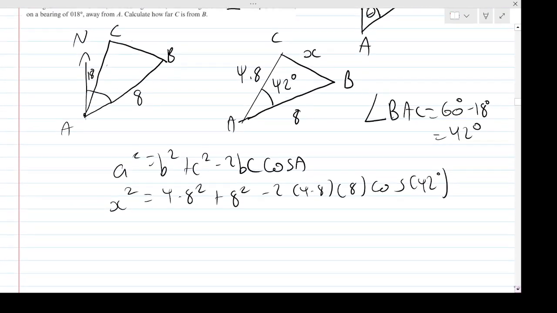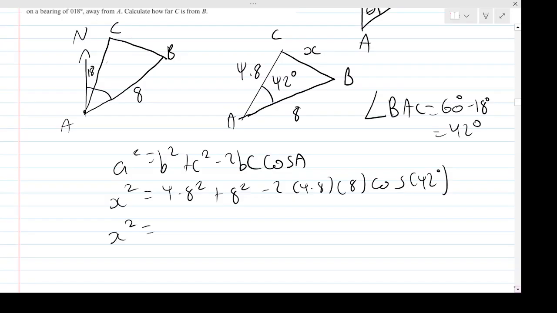If we put all that in the calculator, x squared is 4.8 squared add 8 squared, take away 2 lots of 4.8 lots of 8 lots of cosine 42, and I get 29.966... So to get x, the length CB, I need to square root it, and so I get 5.47 kilometres to 2 decimal places.